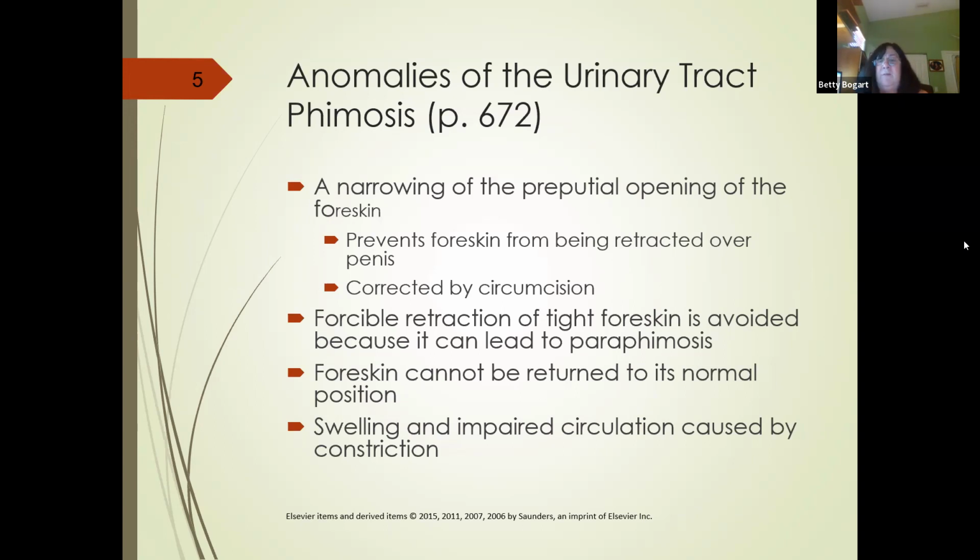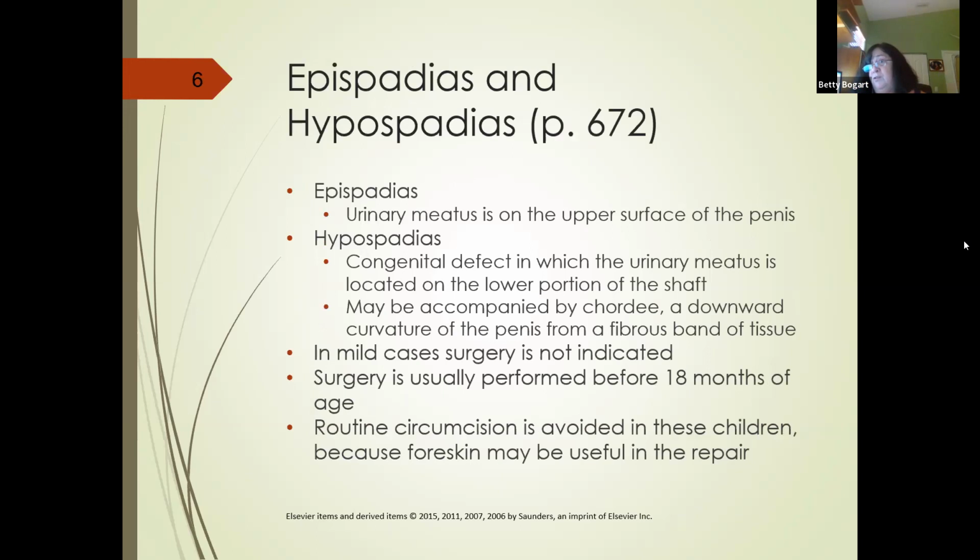So that child needs to be going to the doctor or to the ER. And you know what we actually do for those children? We put some cool liquid on the foreskin to try to shrink it, to try to be able to pull that foreskin out. I mean, we're not going to put ice down there. We don't want to cause frostbite, but this is one of the treatments that they try that way before they go for surgery or anything.